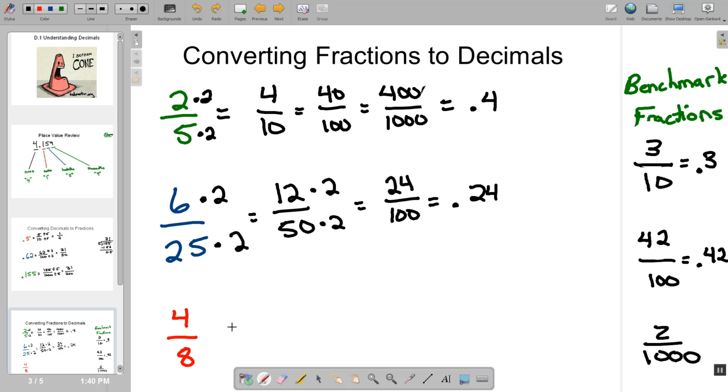Now, if we did the number 4/8, there is not a whole number that we can multiply times 8 to turn into tenths or hundredths. We could eventually get to thousandths, and that would be possible, but it would take a long time. So sometimes you can actually divide a number and get to something that is a little more workable. So I'm going to divide both of these by 4 to simplify this down into 1/2.